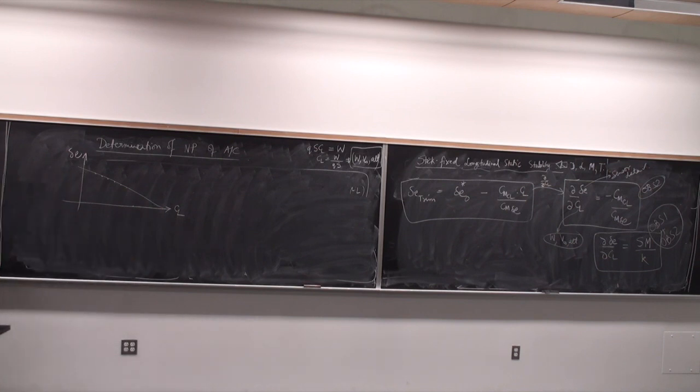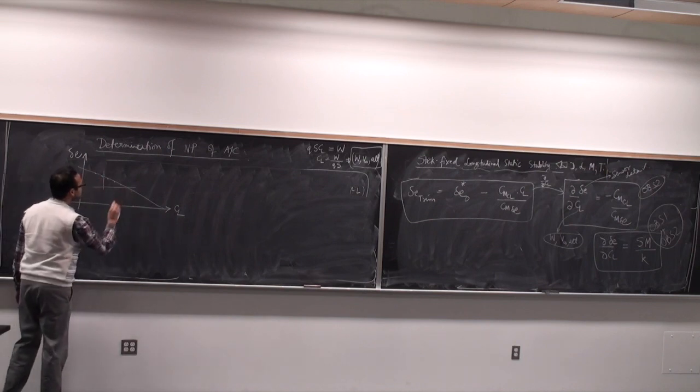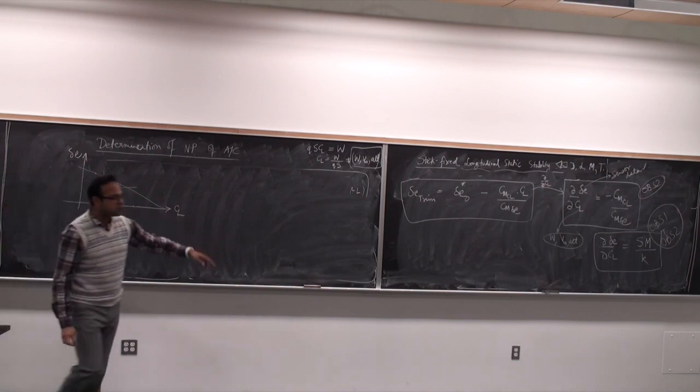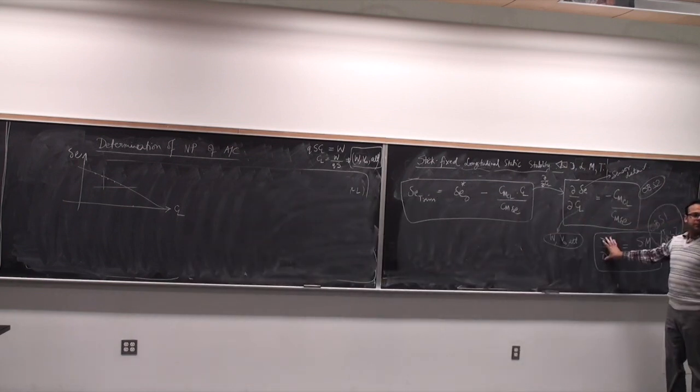The slope of this curve is what? Look at that expression. The slope of this curve is this, the derivative of delta E with respect to CL.